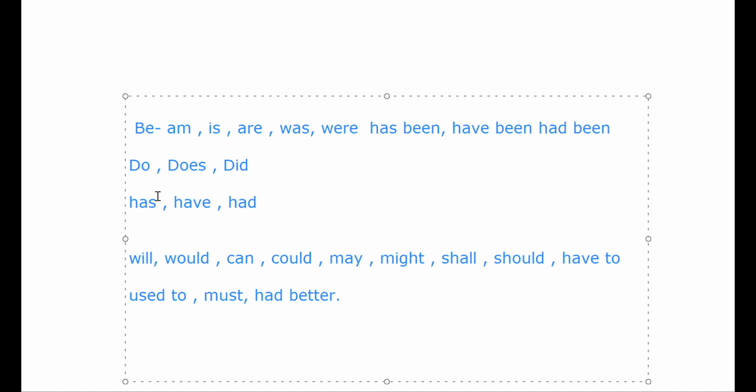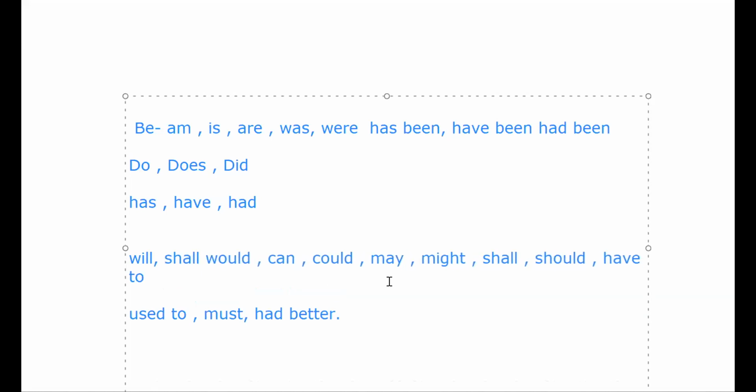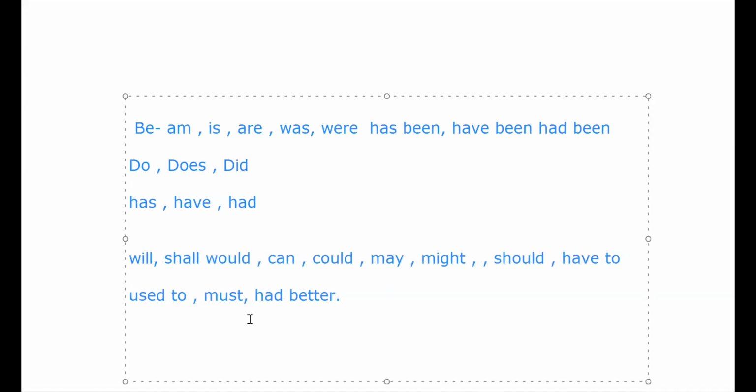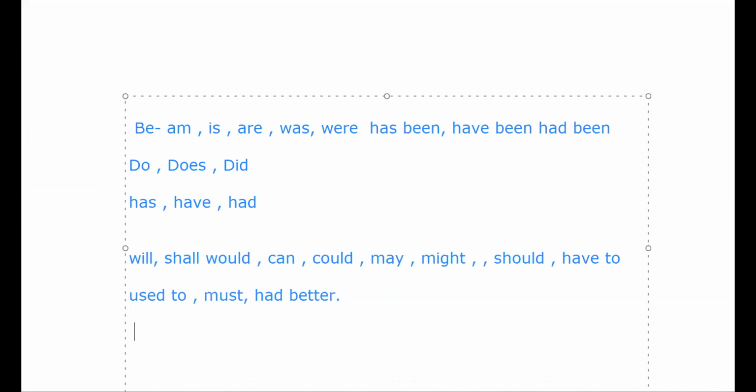But here I want to talk about this part. Let me take this here. Guys, understand this. When I ask you to give the past form of eat, you give me, I'm sure, ate.